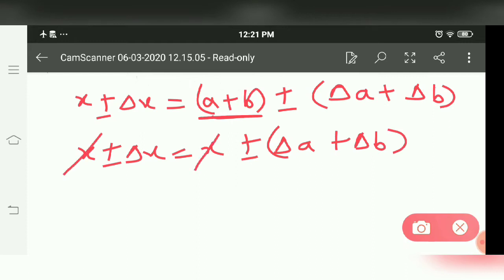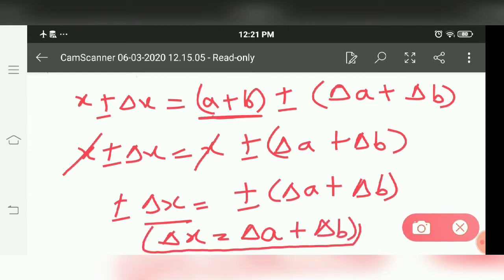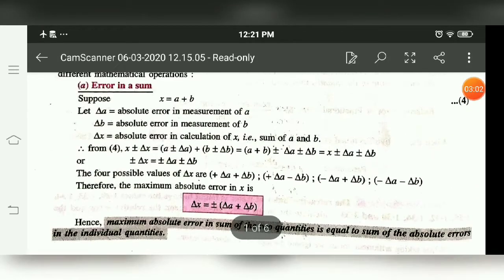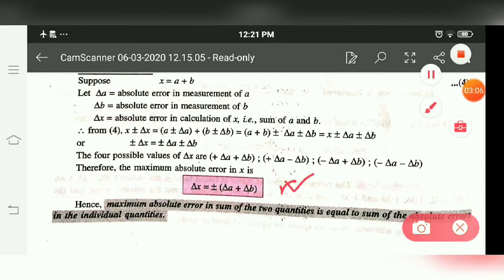The x gets cancelled with the x, so plus minus delta x is equal to plus minus delta a plus delta b. The error in sum is equal to the error in the first term plus the error in the second term. So this is the formula of error in sum.